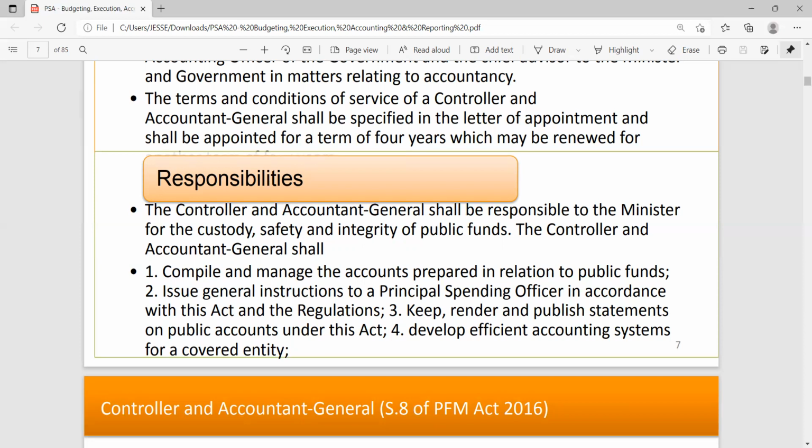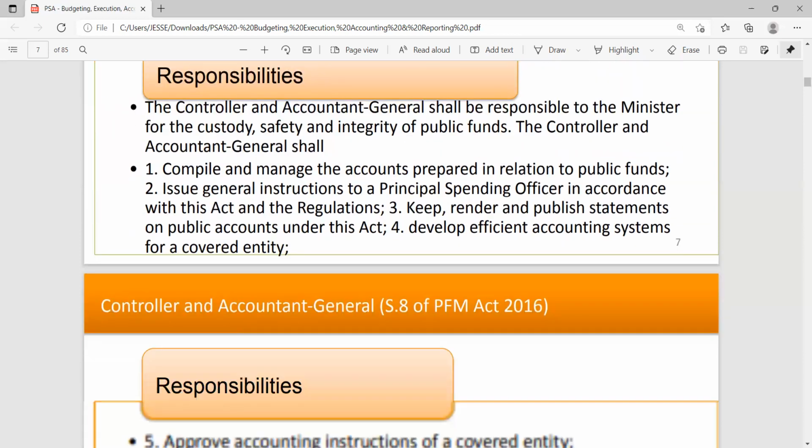Issue general instructions to a principal spending officer in accordance with this act. So they can also issue general instructions to a principal spending officer. They keep, render, and publish financial statements on public accounts. They develop efficient accounting systems.